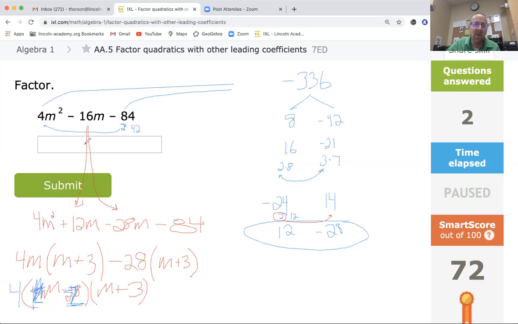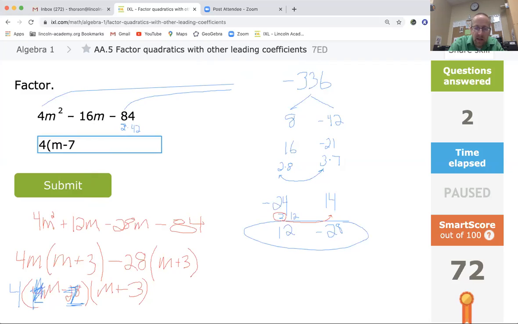So in other words, the final factored form is going to be a little bit more factored because we have that 4. So when I type in my final answer, you're going to have a 4 on the outside of both sets of parentheses. Then you're going to have that m minus 7, not 1.